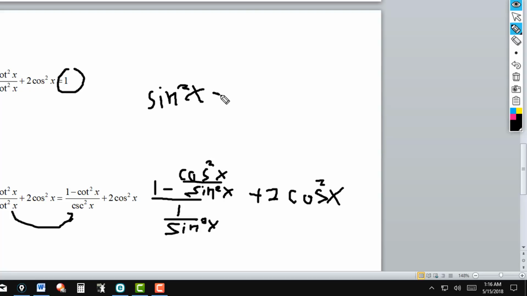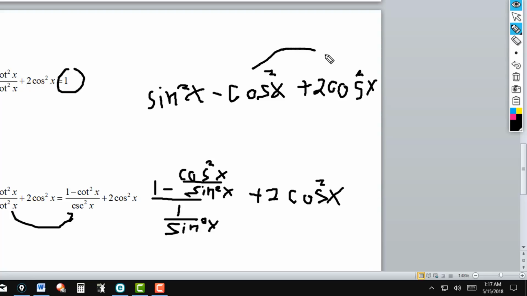I get minus cosine squared of x plus this term, 2 cosine squared of x.